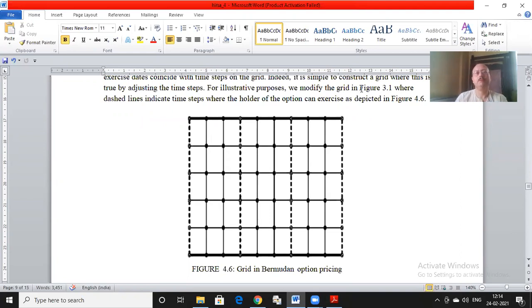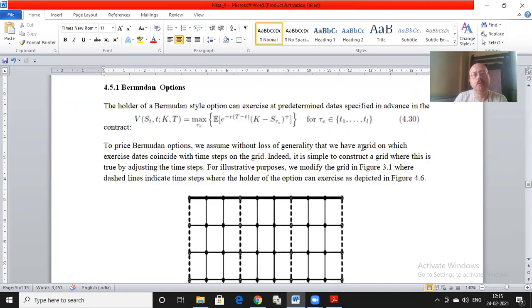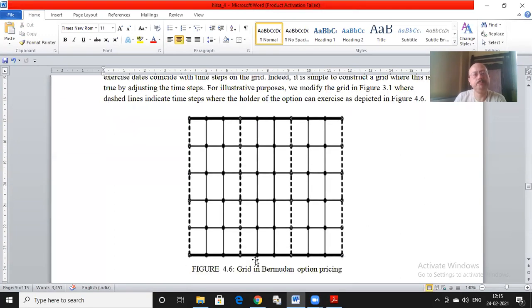Now, in that original grid, we are going to add a few more verticals. These dashed lines we will add on to accommodate all the points in the set tau. So suppose these are the points which are not covered in the original grid. So we want to add them.